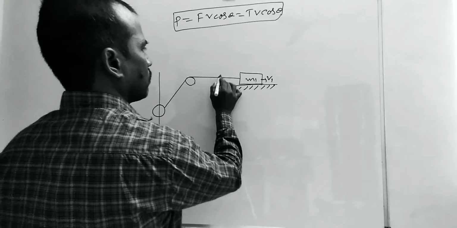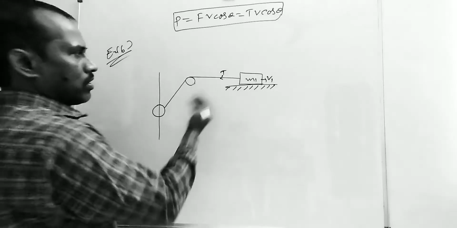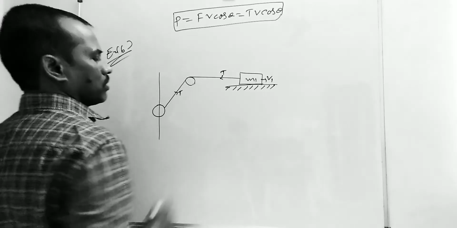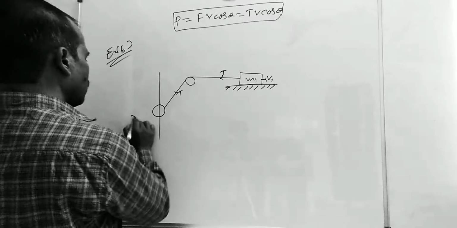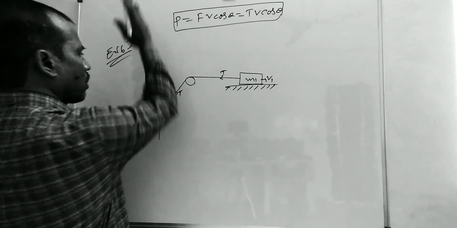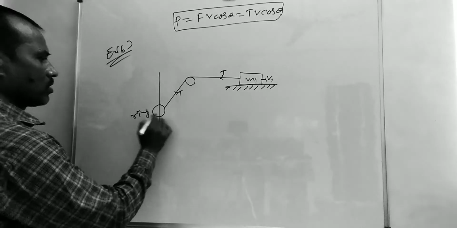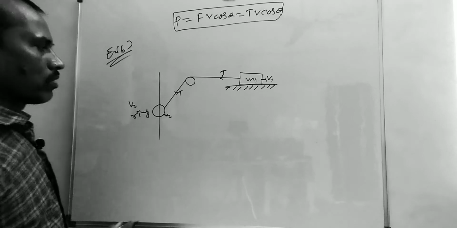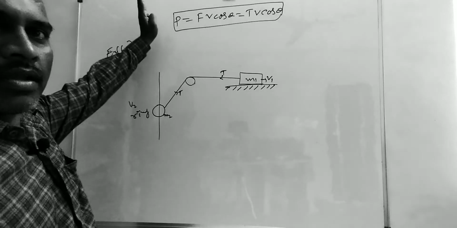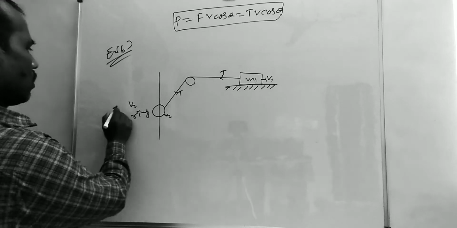The tension in the string is T. The ring moves vertically upward with velocity v2. For example, the mass of the ring is m2, moving in the vertical direction with velocity v2 and acceleration a2.